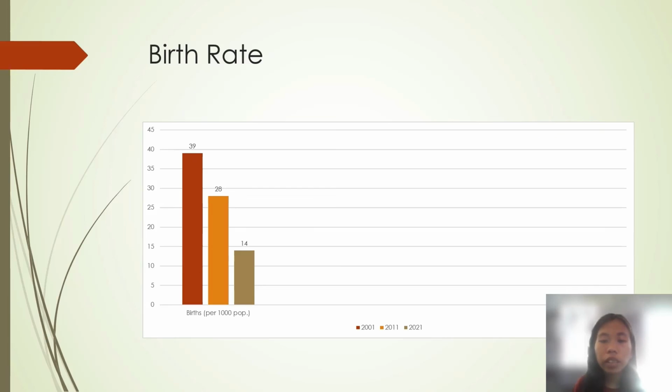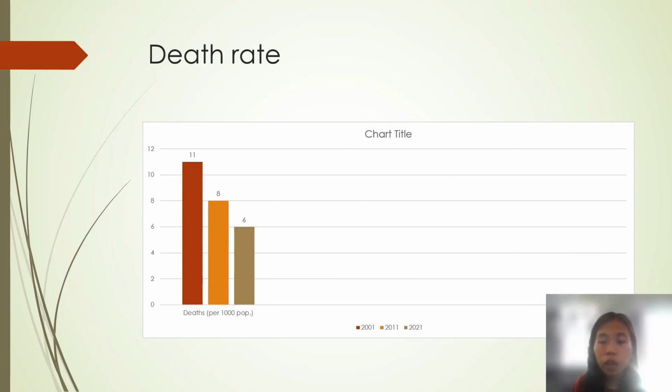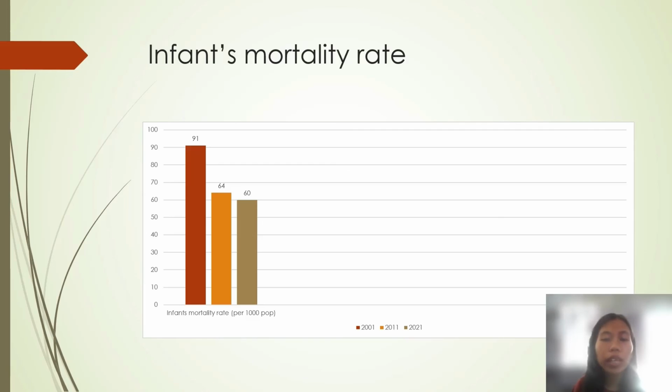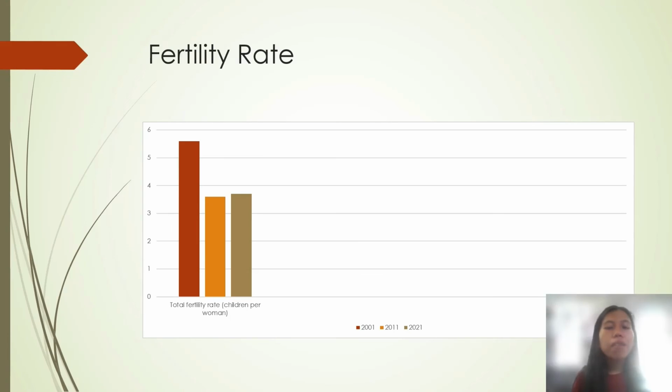Birth rate in 2001 to 2011 up to 2021 declines. Death rate also declines. The infant mortality rate from 2001 up to 2021 also declined.